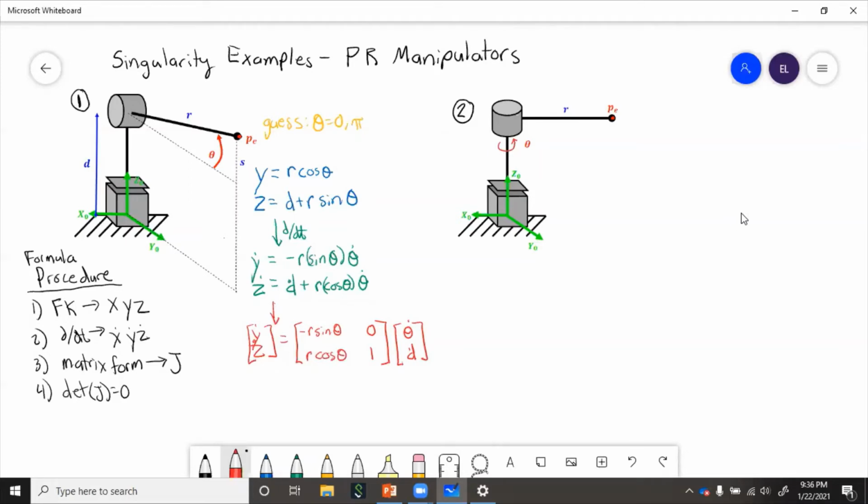So then if we set the determinant of the Jacobian, so this is J, this is the x dot equals J theta dot. Then we set determinant of Jacobian equal to 0 and solve for what values of theta make that possible.